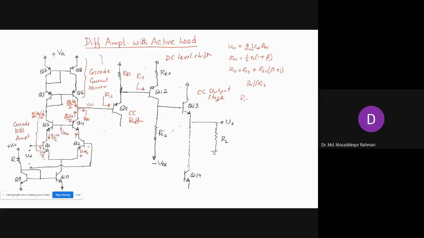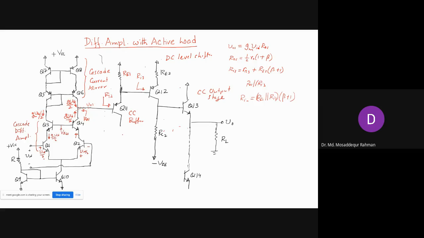So Ri2 will be Re1 in parallel with Ri3, and that times beta plus 1. Is that clear, guys?